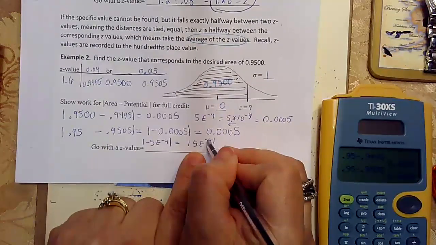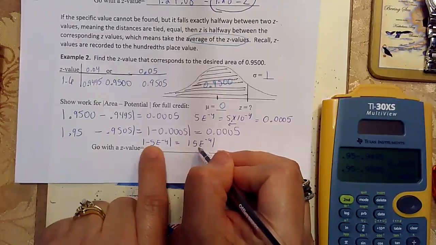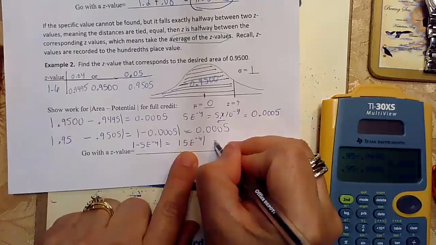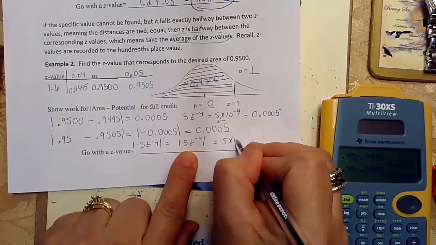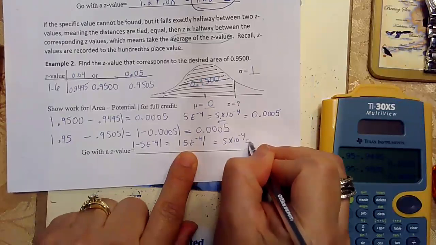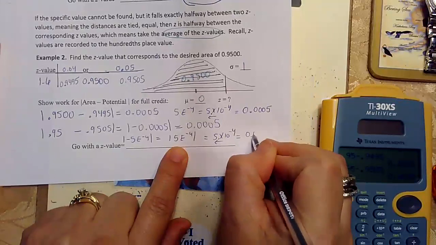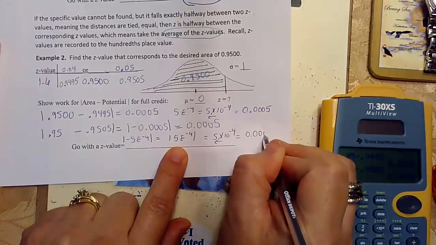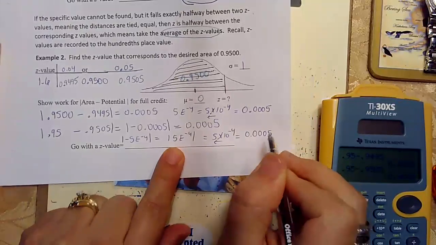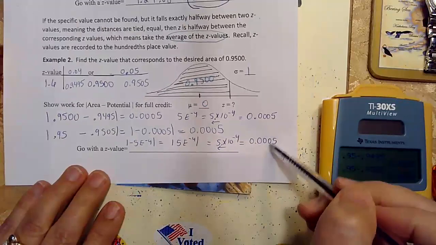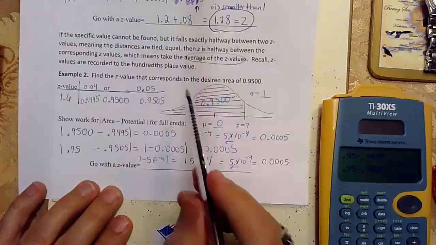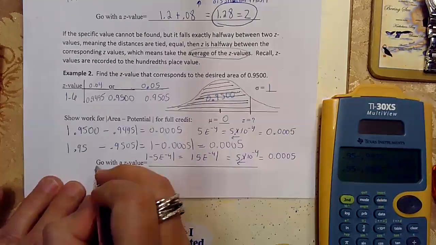Now this negative here is gone, and that's 5 times 10 to the negative 4th. You move it to the left: 1, 2, 3, and then that counts as a move. But you still see that they're equal. They're equal distances, and that's what this is saying.